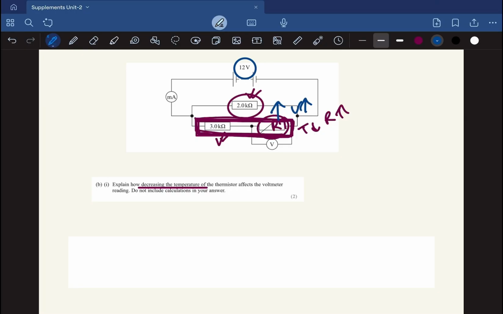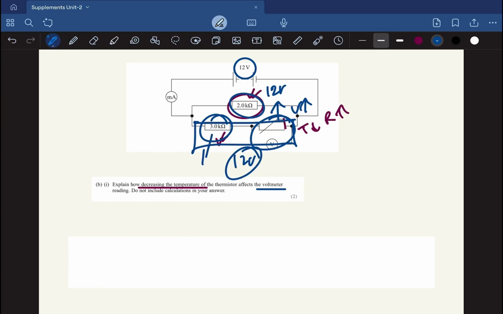So as the potential difference across the component increases, the voltmeter reading will also increase. This is a rule in series circuits, because let's say this and this whole section, both of them are in parallel. So in parallel we know they will be getting 12 volt, and this as a whole together will get 12 volt.